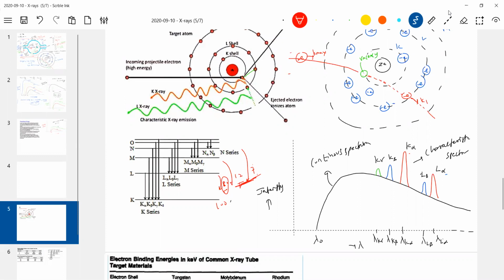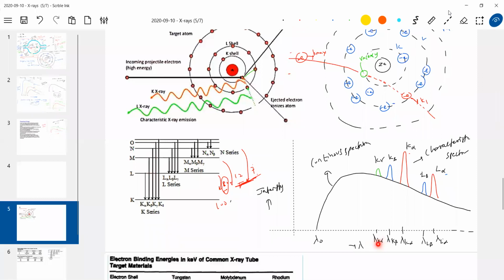Agree with this idea? Okay. Now why is the wavelength of K gamma less? You know the hydrogen spectrum. Which photon will be more energetic? If an electron jumps from N to K, or M to K, or L to K, the photon generated due to the transition from N to K will be more energetic, no? Then lambda should be less.